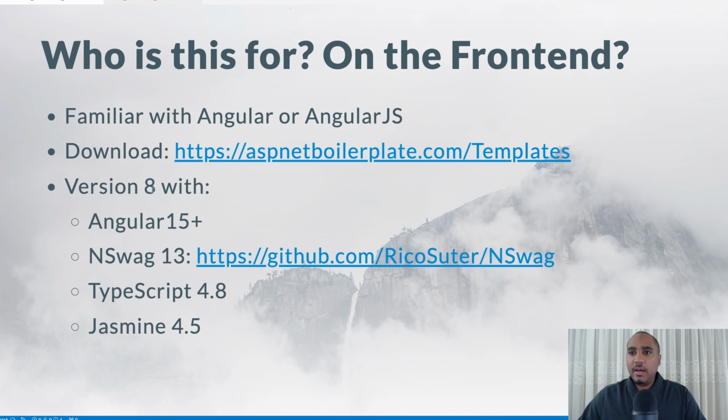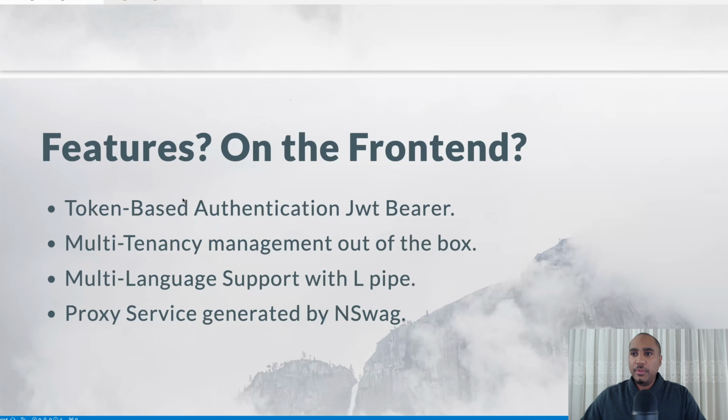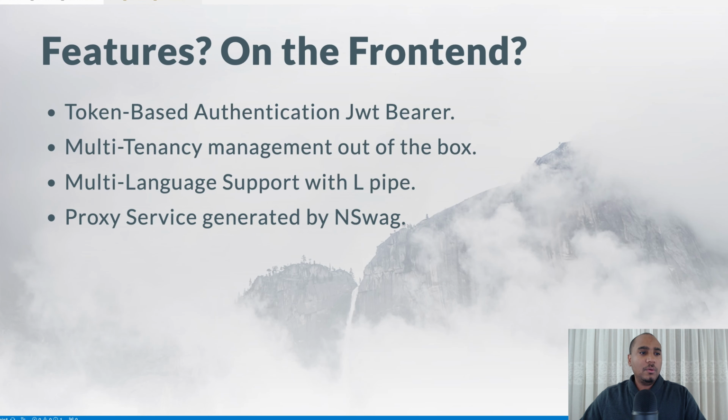We can see that version 8 is using Angular 15, NSwag 13, TypeScript 4.8, and Jasmine 4.5. Let's go to the features now. When it comes to the relevant features on the front end, we have the token-based JWT token functionality, which will be there for you by default.